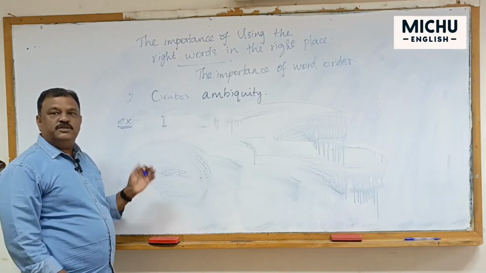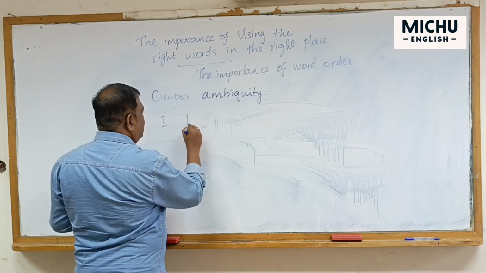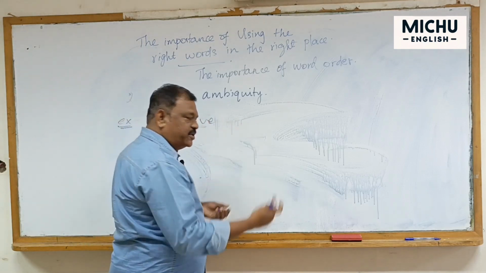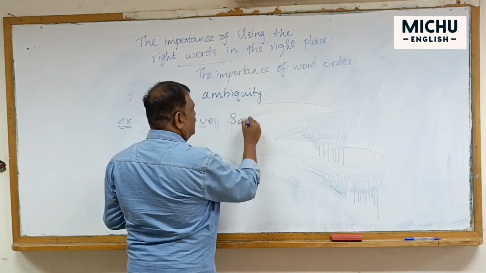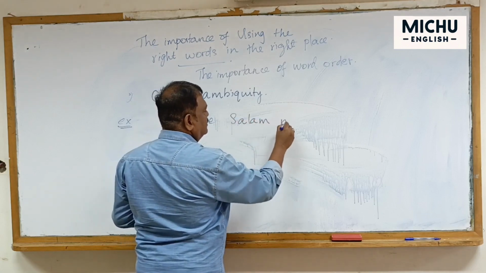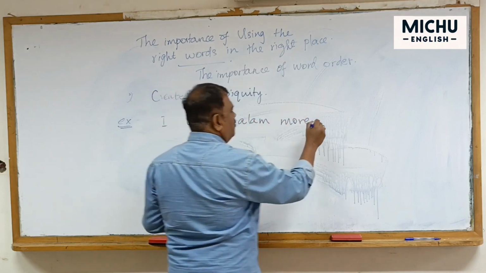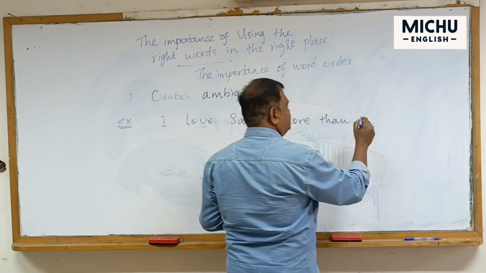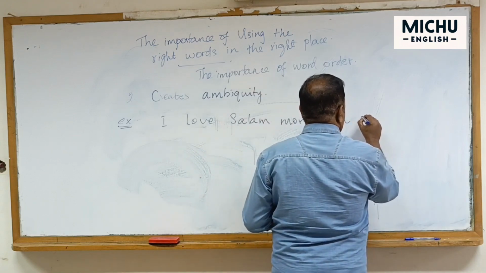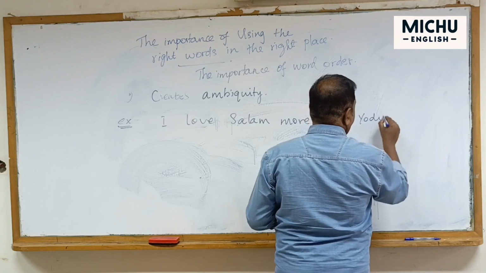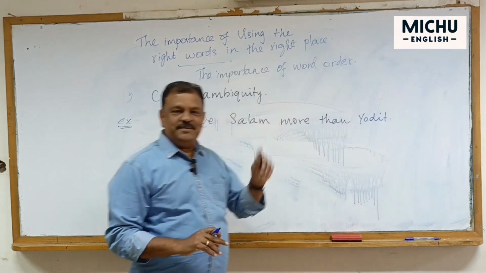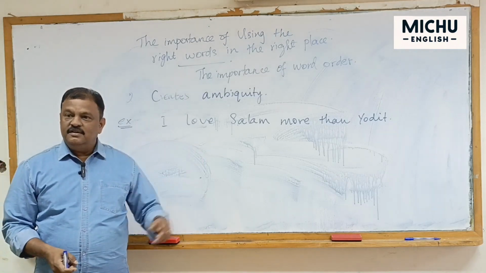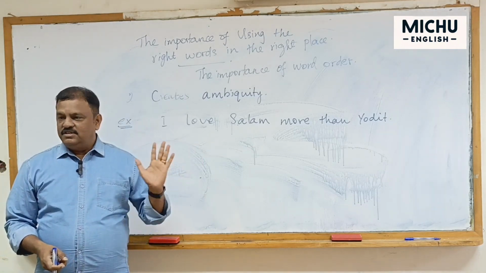Right? Let me use the pronoun here. I love some imaginary name, okay? Salam more than Yodit, okay? Let us keep it like that. I love Salam more than Yodit.